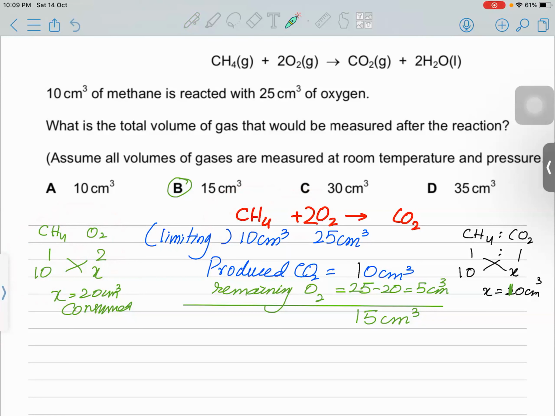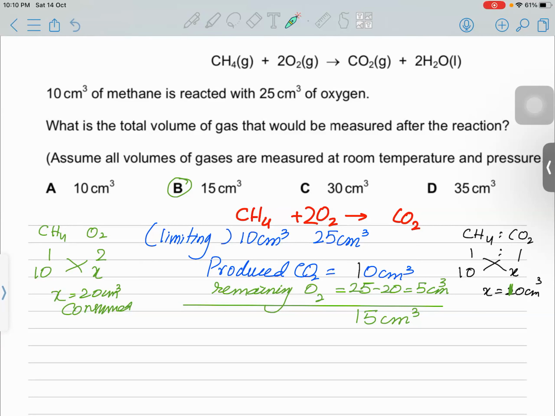Sir, CH4 volume is 10 here, and O2's volume is 25, so oxygen is in excess.